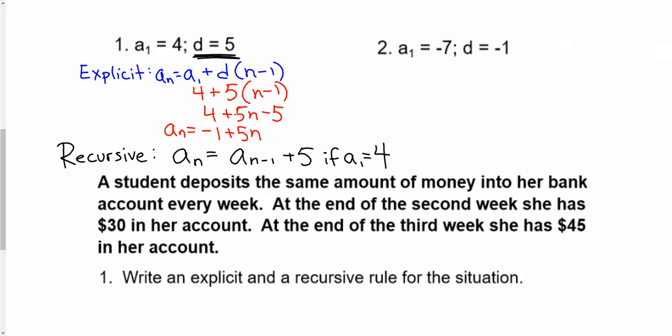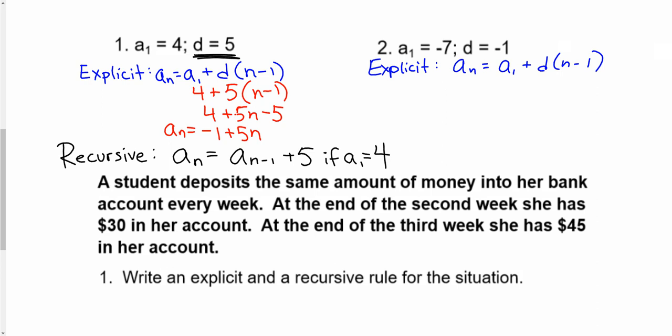I want you to try it for the second one. Come up with your explicit rule, and then after that, write your recursive rule. Okay, so again, to find your explicit rule, the explicit rule is the nth term formula, but you plug in the A1 and the D. So the formula says A sub n equals A sub 1 plus D times n minus 1.